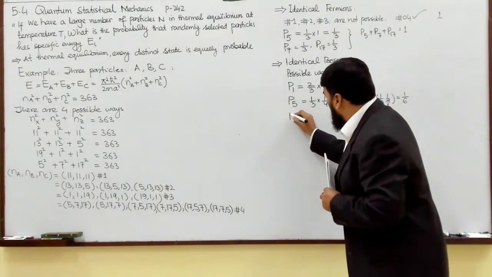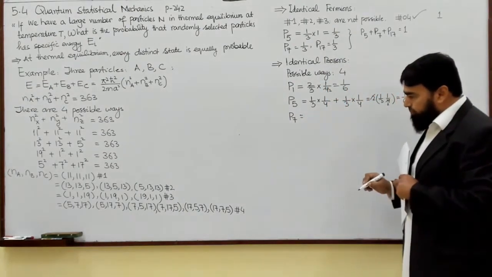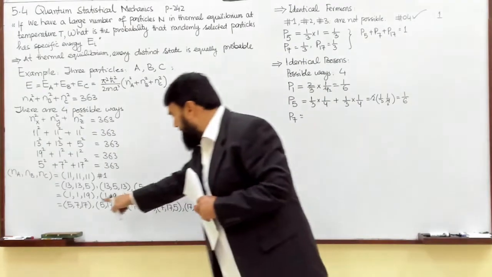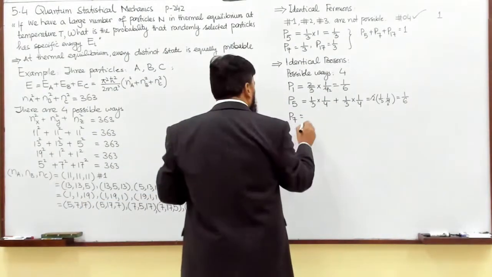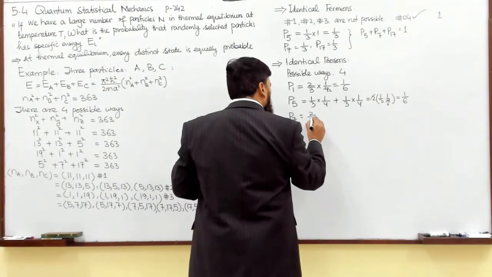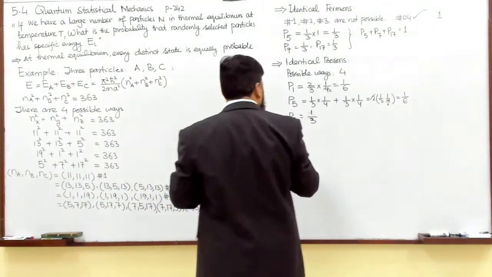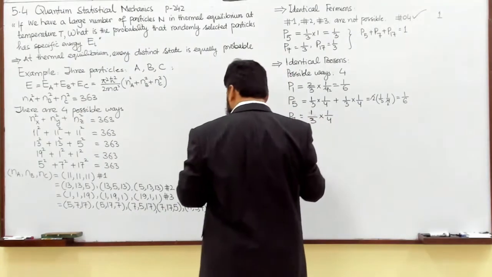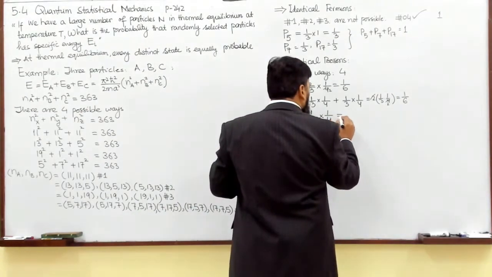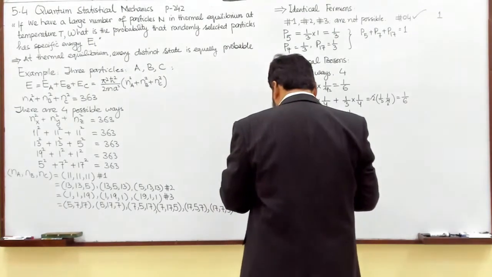I can calculate P7, and P7 will be, 7 is here only, so the chance of getting 7 is 1 over 3, because out of the 3 we have 1 here, into the chance of getting configuration 4, which is 1 over 4, and we get 1 over 12.